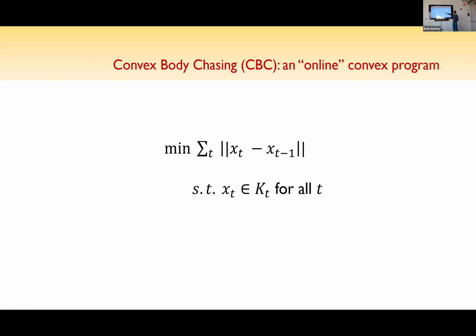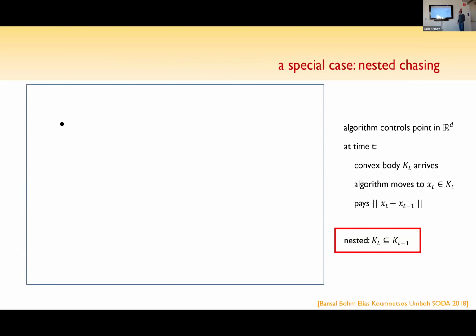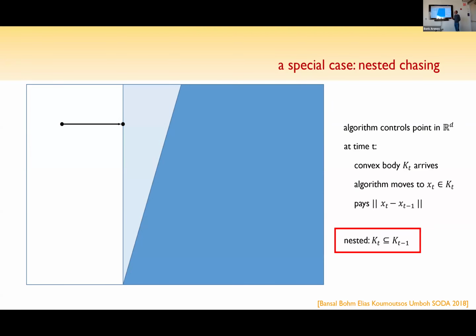So that's the problem. I want to minimize the sum of distances traveled subject to these constraints. For about half the talk, I'll talk about a special case which will be important for us: the nested case. The nested case is simple: the next body is always a subset of the previous one. So this is one possible thing.